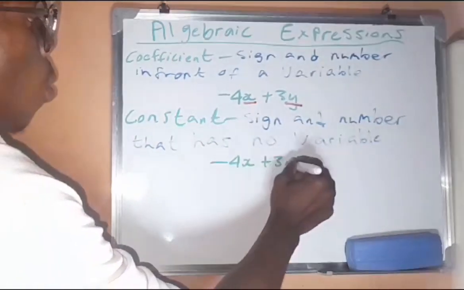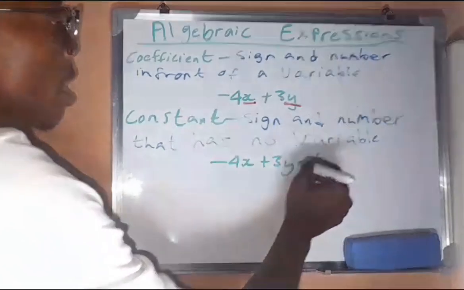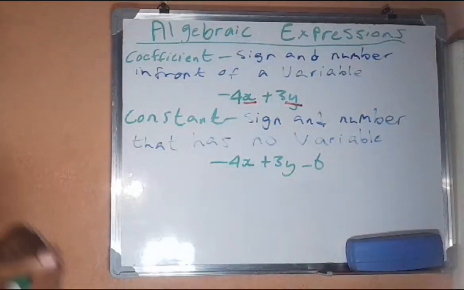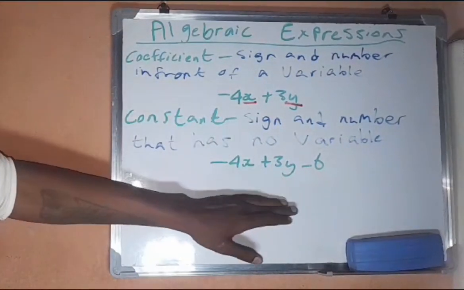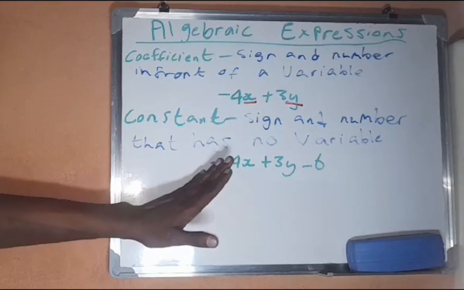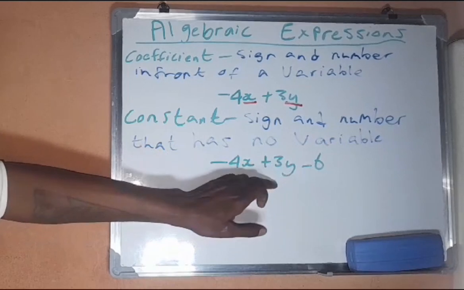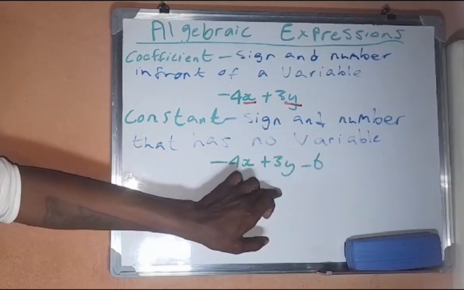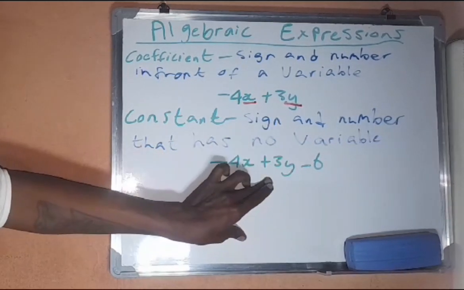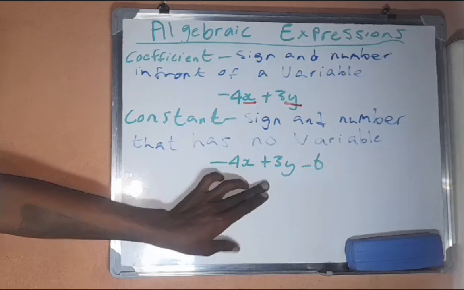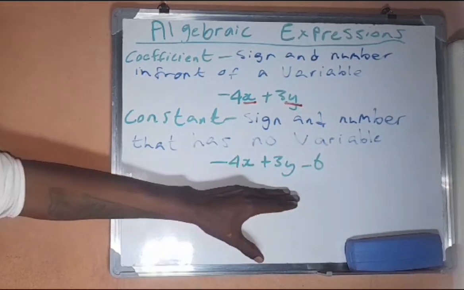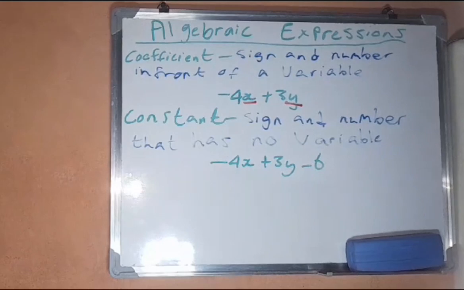We have this expression, minus 4x plus 3y, and now we add minus 6. We said x and y are our variables. So minus 4 is our coefficient, plus 3 is still our coefficient, and x and y are our variables.